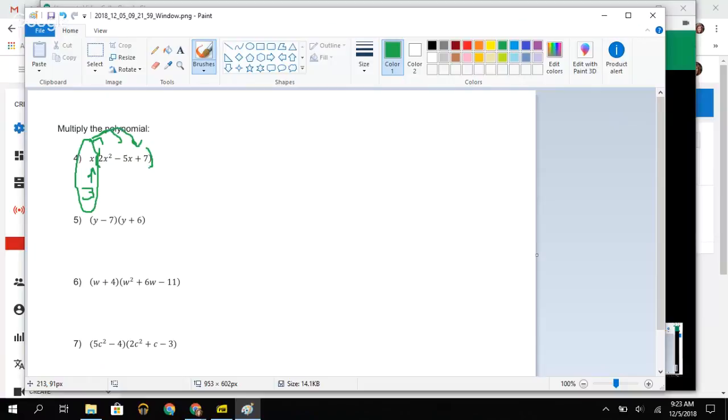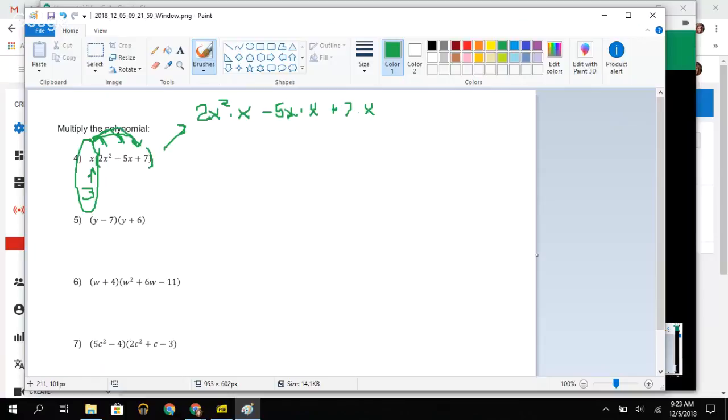So in this case, I'm distributing an x, so it's going to be 2x squared times x minus 5x times x plus 7 times x. So you can see how I've distributed this x to every term in my equation, right?